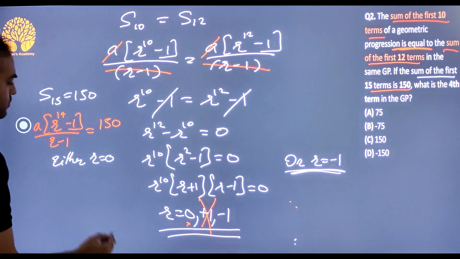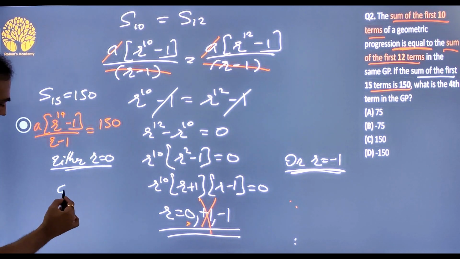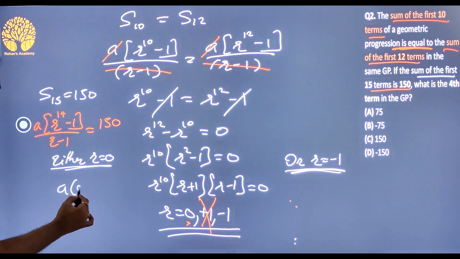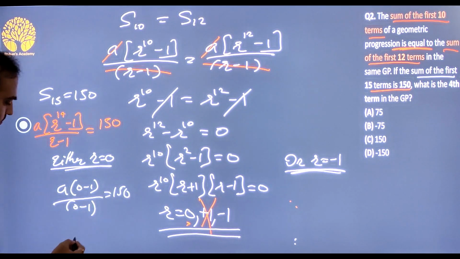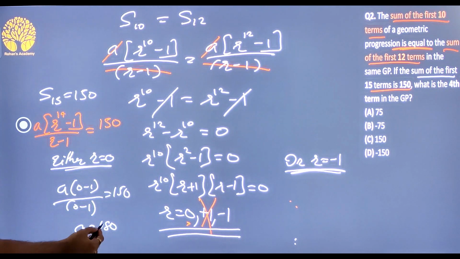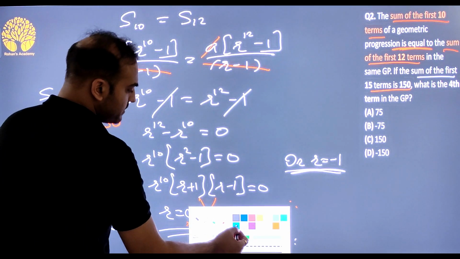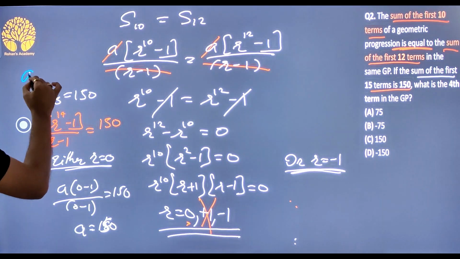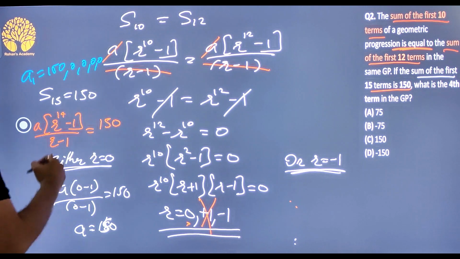These are the two cases that we look at. If R is 0, this tells you that A into 0 minus 1 by 0 minus 1 is 150. A is equal to 150. So the first term is 150 and all the other terms in this series are 0 after that.